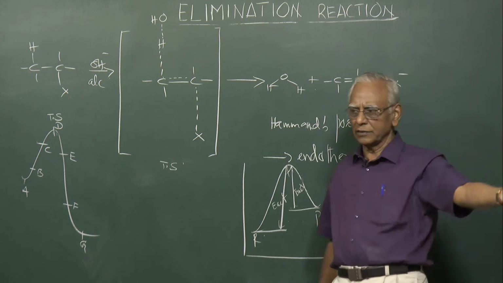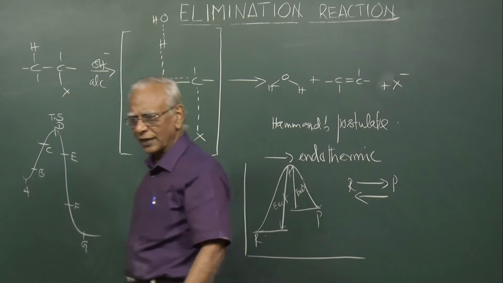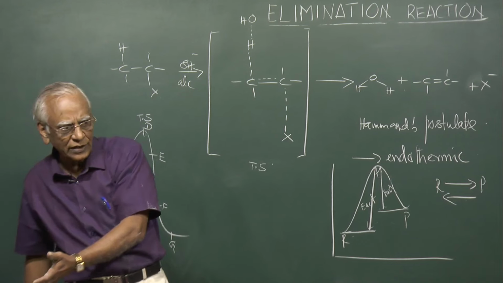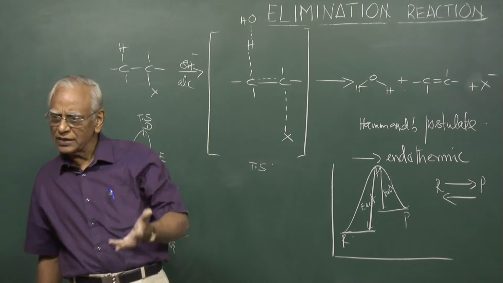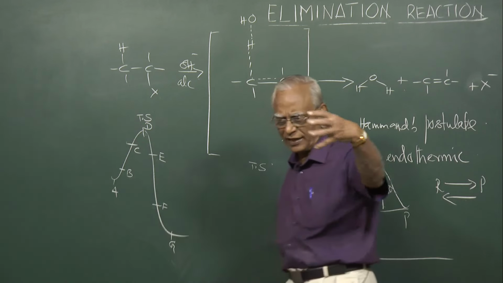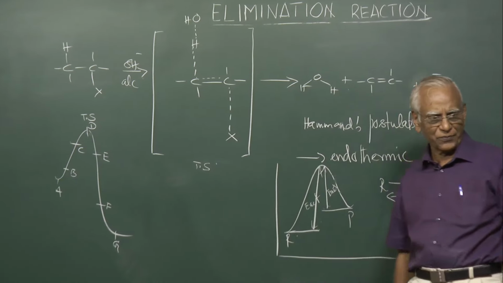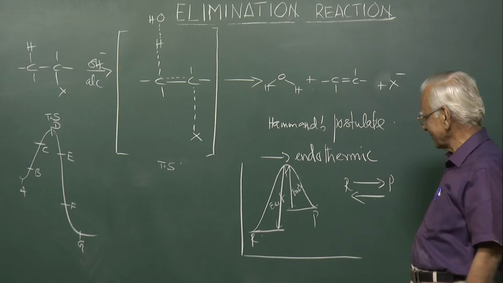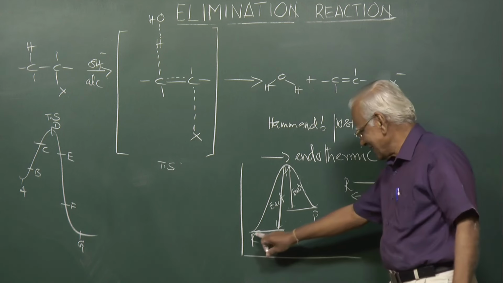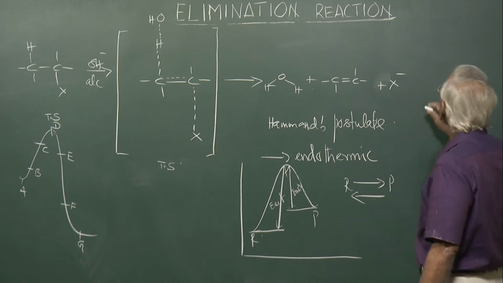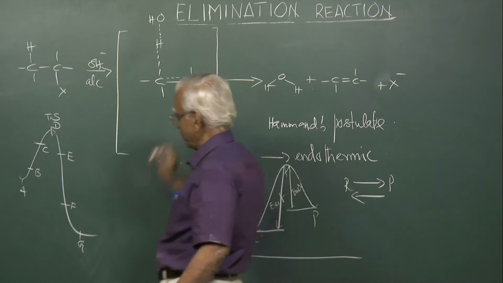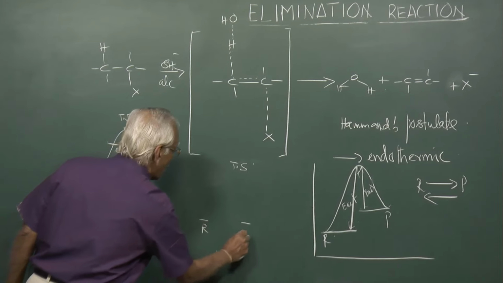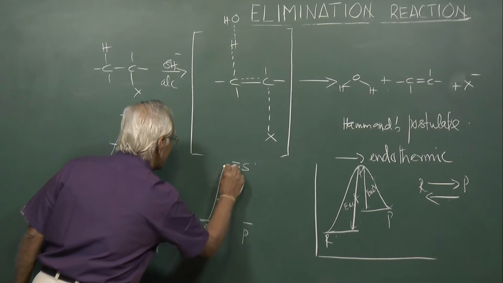Similarly, for the exothermic reaction, the activation energy of the forward reaction should be less than that of the backward reaction. Are you able to visualize? Immediately bring in the potential energy diagram in front of you. Exothermic reaction. Now, this is an ideal situation, but that does not happen: both the reactant and the product having the same activation energy.